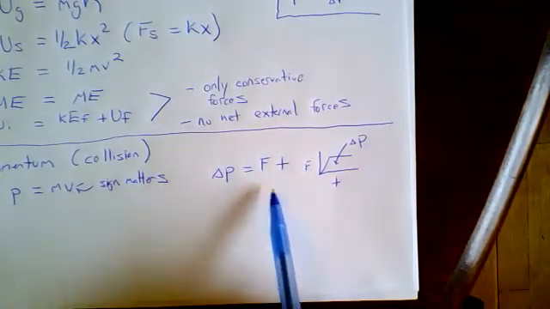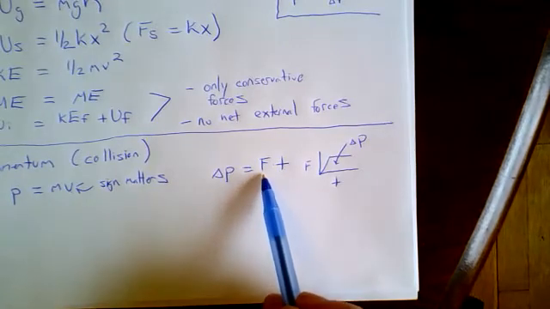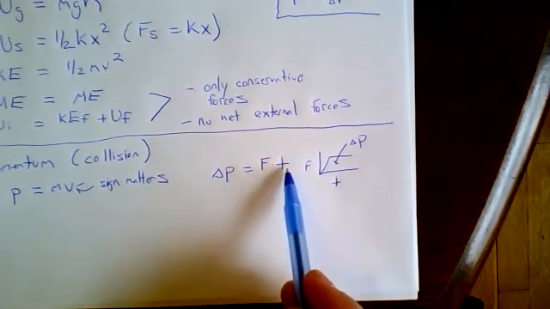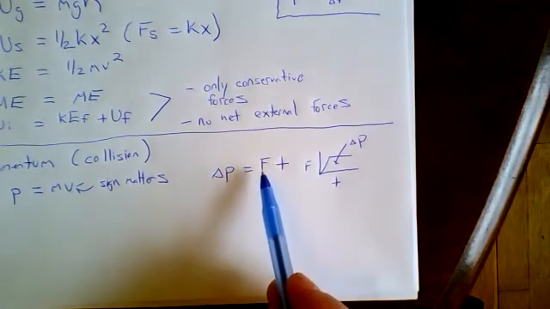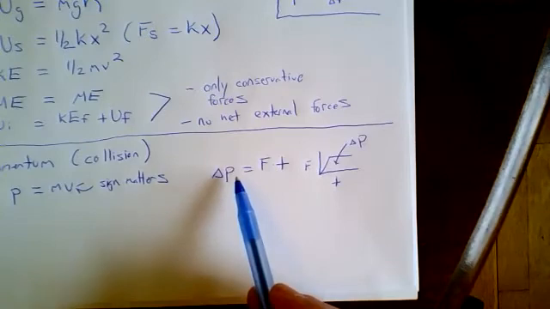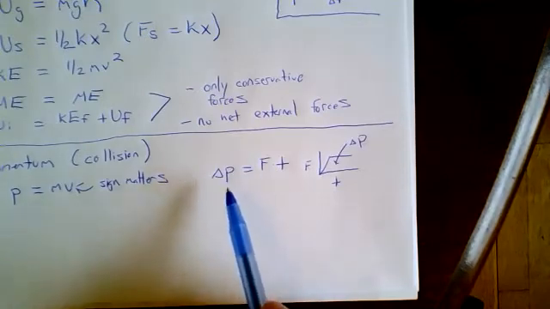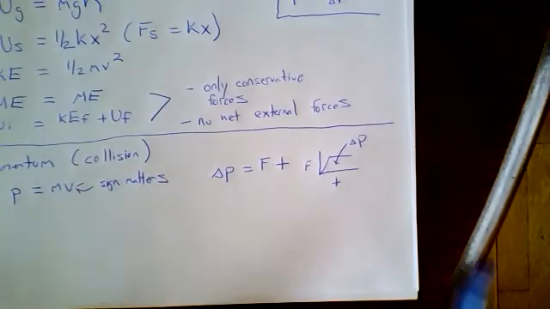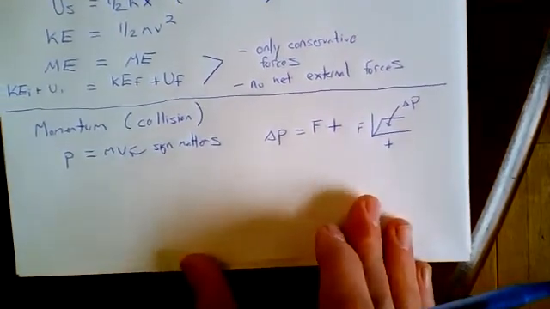Think about this in follow through. This is why you follow through in a swing of a tennis racket or a bat. You're trying to increase the amount of time you're applying a force to get the greatest change in momentum you can of that object, or the greatest velocity of that object.